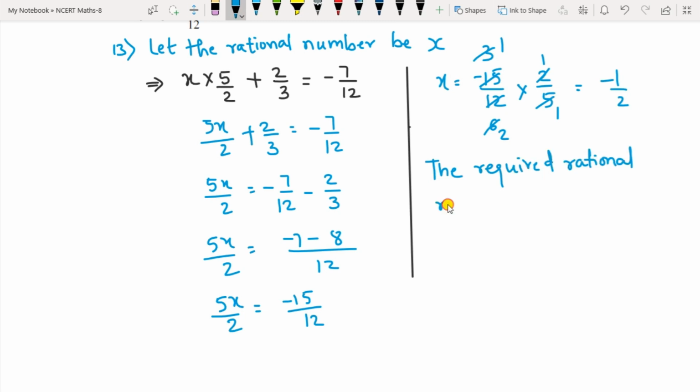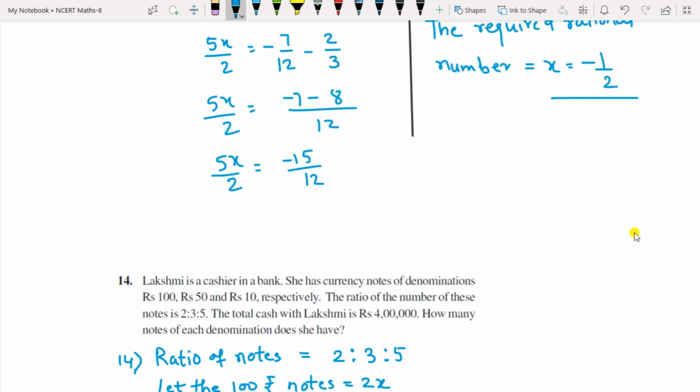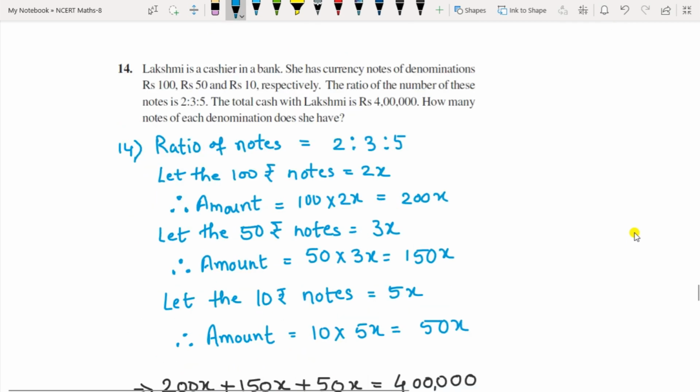That totals up to 1 by 2, minus 1 by 2. So the required rational number is x equal to minus 1 by 2. That is the answer.